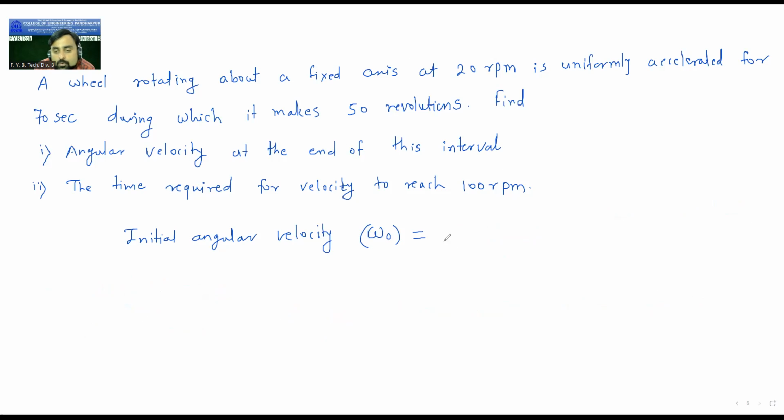So here omega is equal to 2 pi n divided by 60, which is equal to 2 into n, which is 20, into pi, divided by 60. What is the answer? Keep pi as it is.